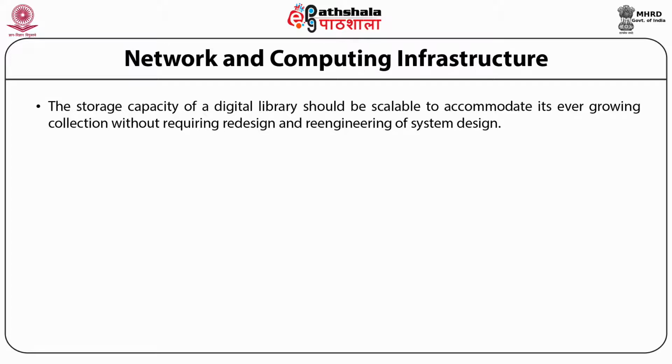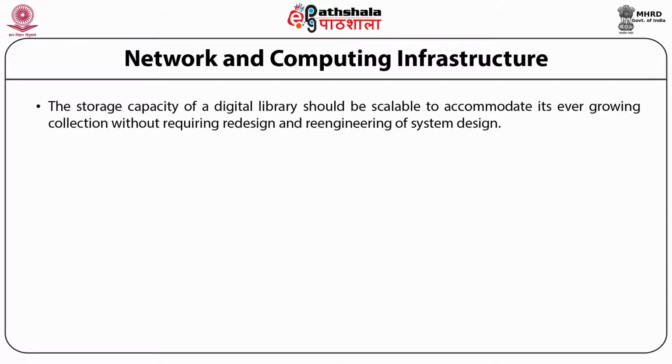See, in the life of a digital library, there are various phases. Initially you might be thinking, okay, I will create a digital library for images, and then after a certain time you may get a mandate: now instead of only images, you have to also take care of videos. As soon as you introduce videos as part of your digital library, your storage requirement is going to shoot up.